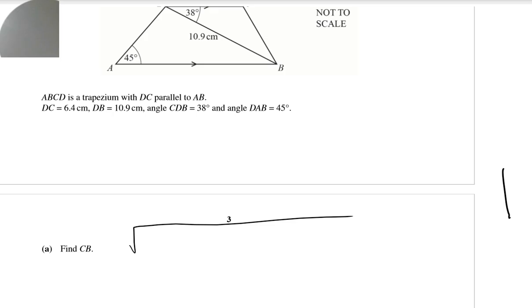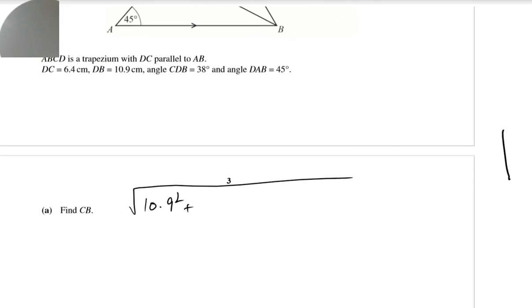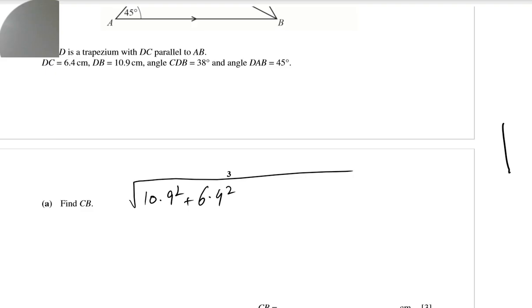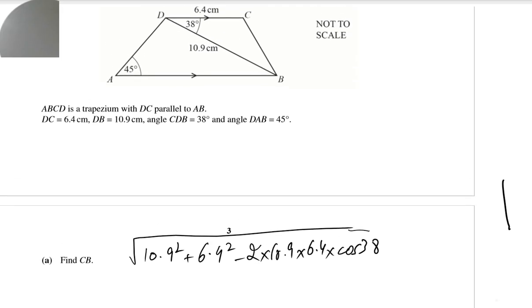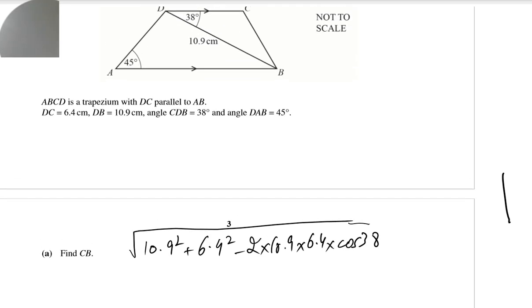So you can write 10.9 squared plus 6.4 squared minus 2 times 10.9 times 6.4 into cos of 38. The answer is 7.058, or 7.06.